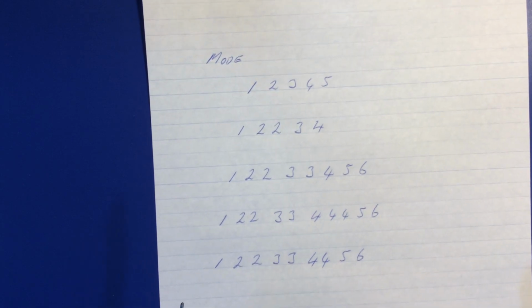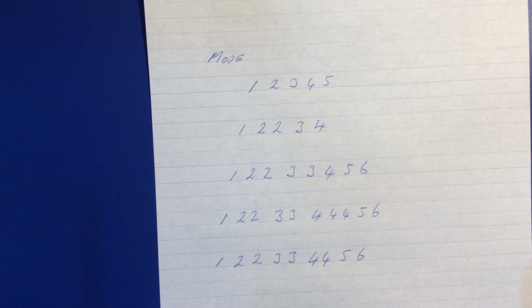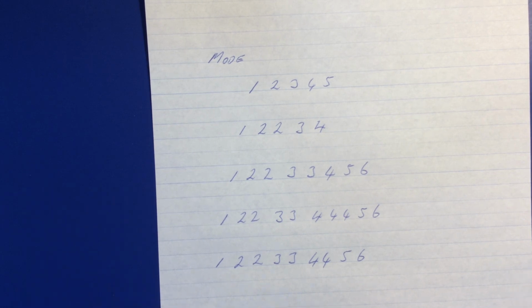Anyway, what is a mode? A mode is the number that occurs most frequently in a group of numbers. So here we have 1, 2, 3, 4, 5 examples of groups of numbers.